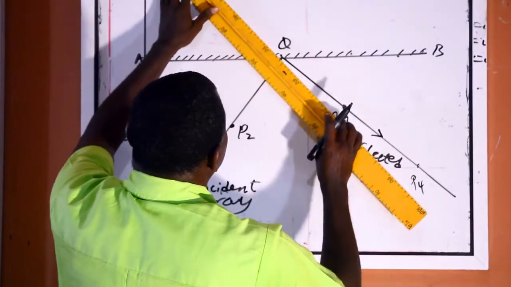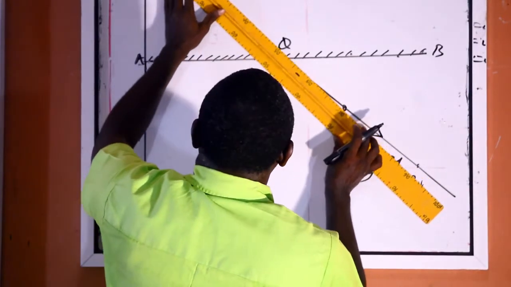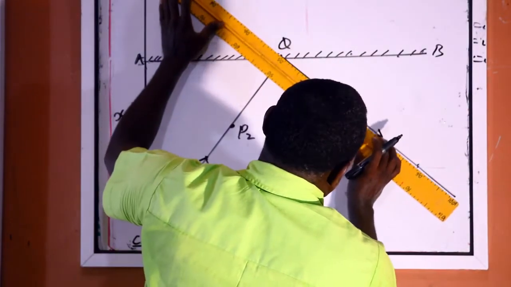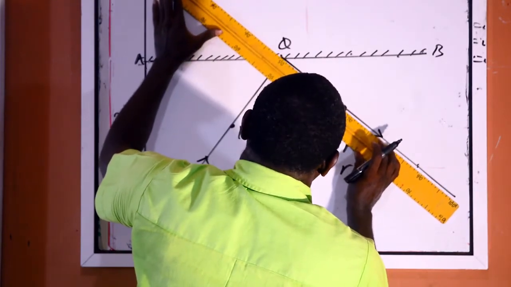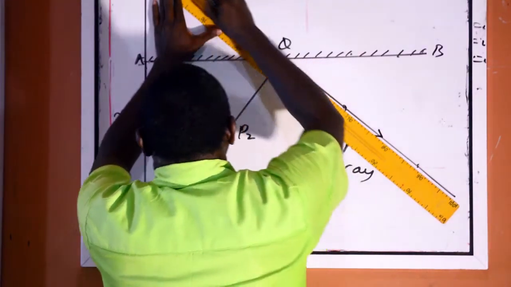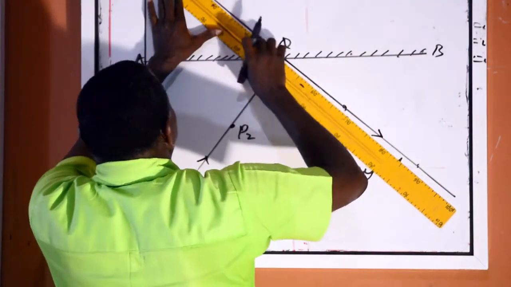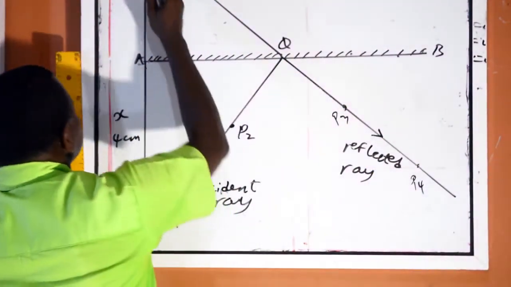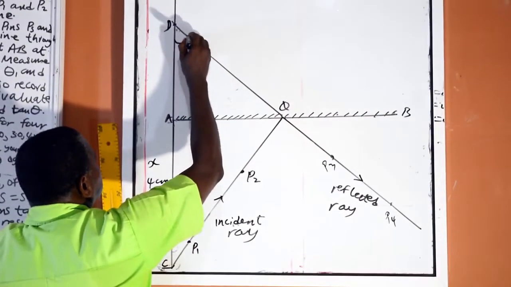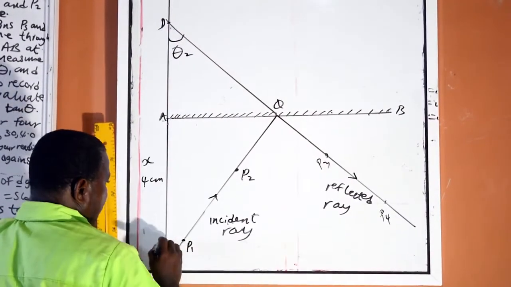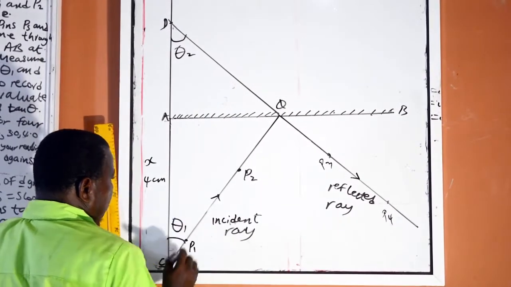You produce the reflected ray up at the point where it cuts. That is your D. So this will be theta 2, this will be theta 1.